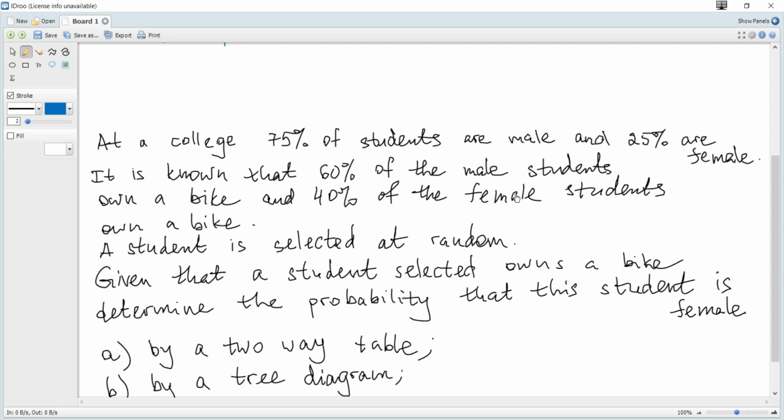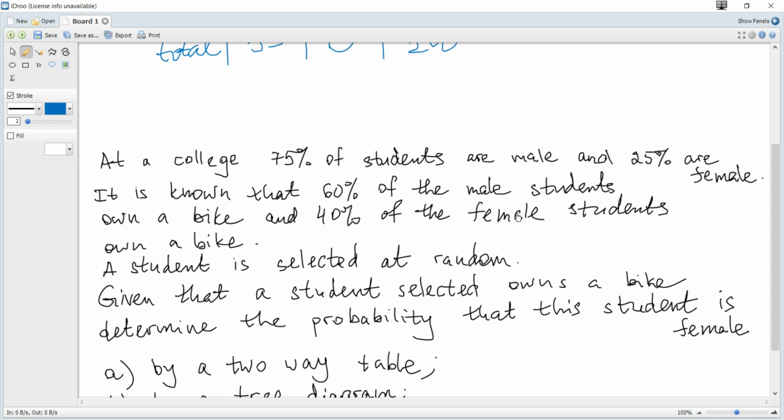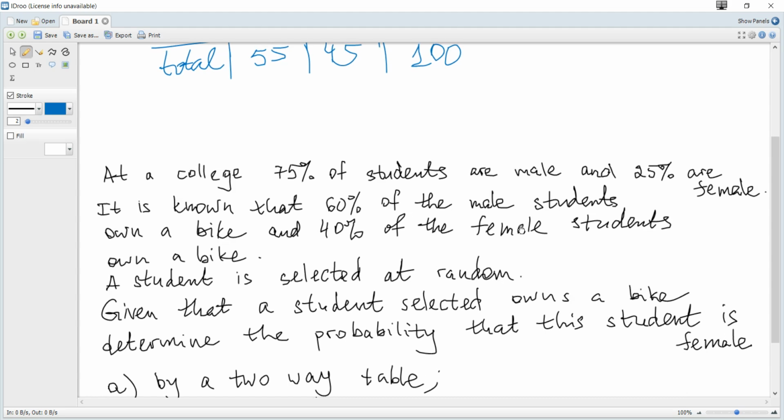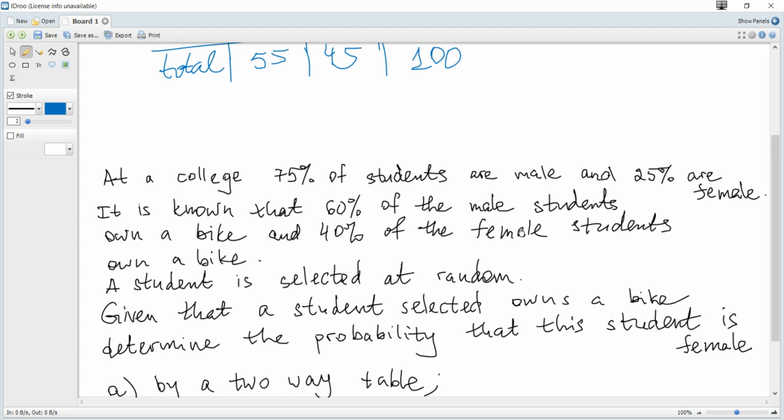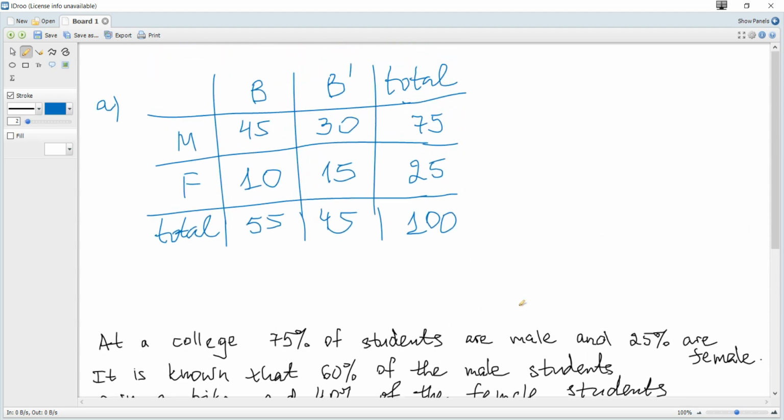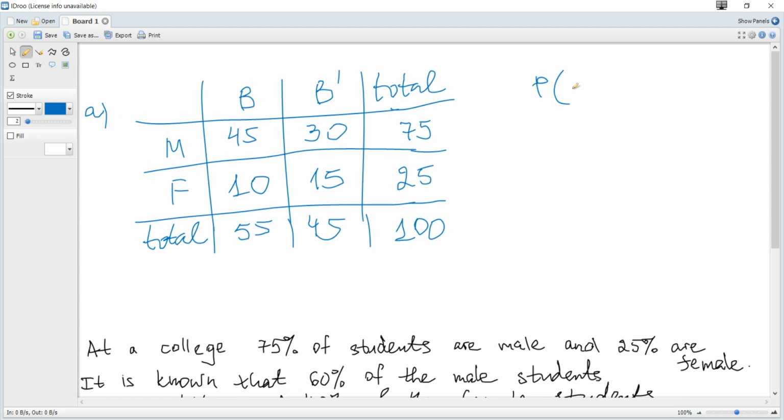And actually the question given is about conditional probability. Given that a student selected owns a bike, determine the probability that the student is female. So the question is the probability of female given bike, and directly from the table we deal with the number of students.